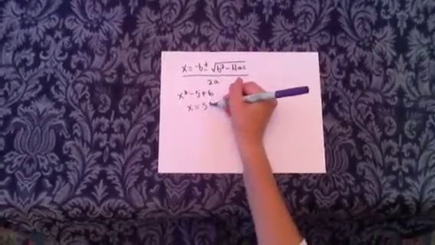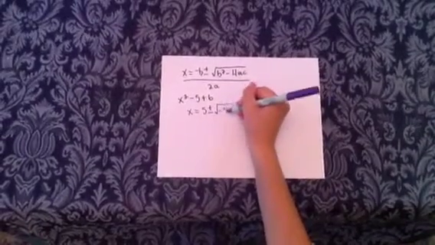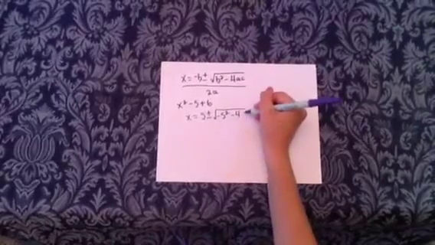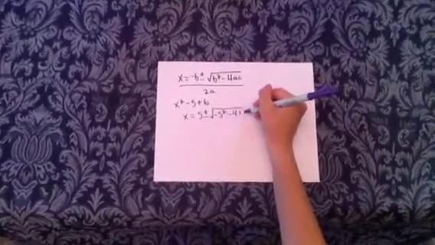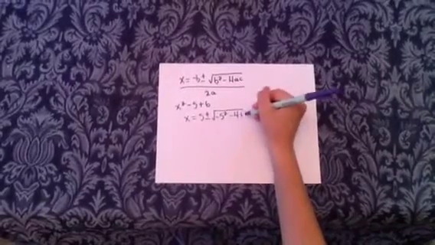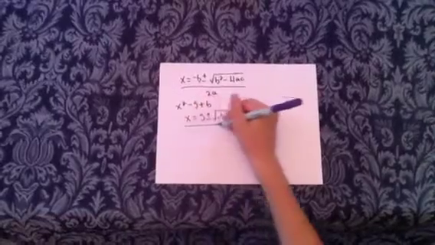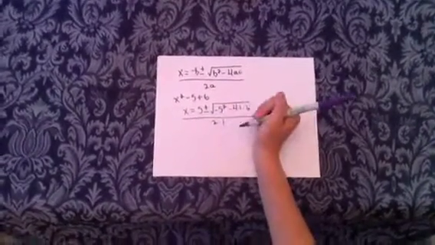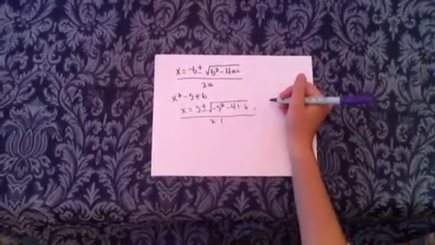X equals 5 plus or minus the square root of negative 5 squared minus 4 times 1 times 6 over 2 times 1. Let's simplify this so that we can continue to find the solution.